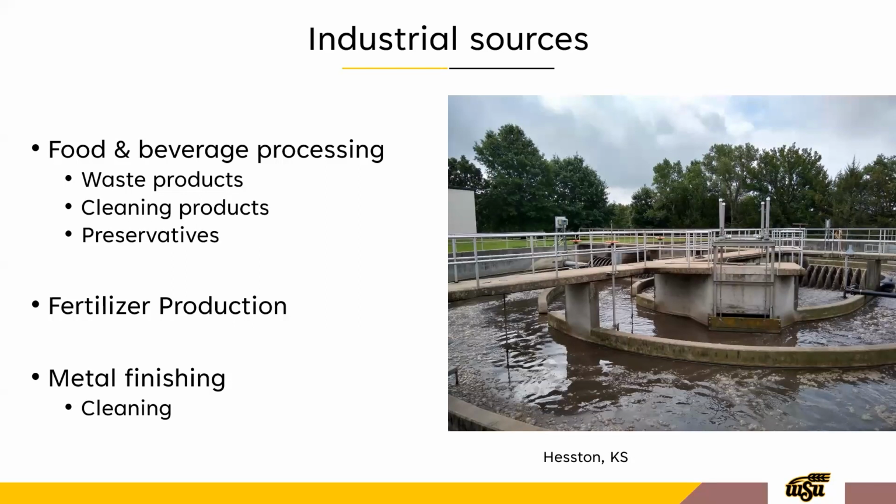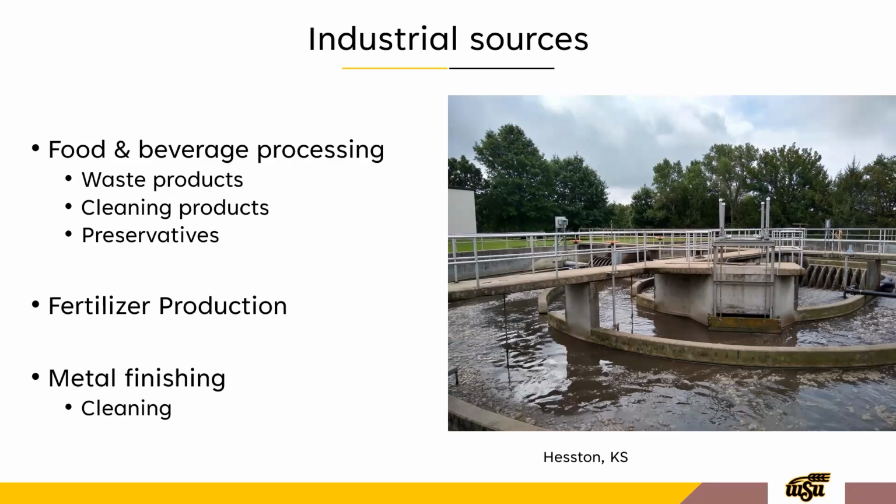And then one thing I see very commonly is metal finishing operations. This is generally done in the cleaning process, phosphoric acid and similar compounds. And oftentimes in the metal finishing, metalworks industries, the loadings are inconsistent due to the production process, in that they might clean a batch of product on a single day and then have very little discharge on further days.